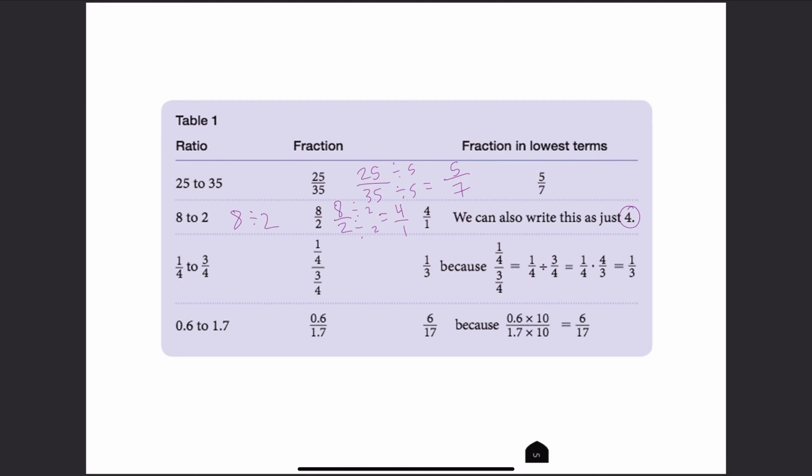That's true, but if it were a recipe, it would still be wise to write it as 4 to 1 because you want to make sure that whatever that 1 is, if it's say a cup of milk or a cup of flour or a cup of sugar or whatever it is, needs to be accounted for. So just something to keep in mind if you see a ratio and it reduces to a whole number, keep in mind the context, whether it's appropriate to write it as a whole number or whether it's appropriate to keep it as a ratio of something to 1.